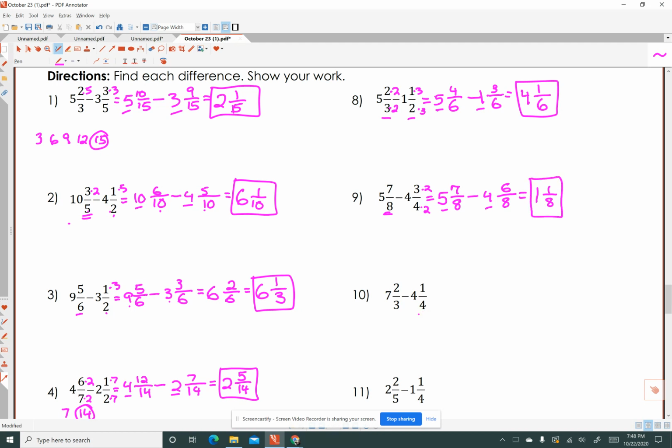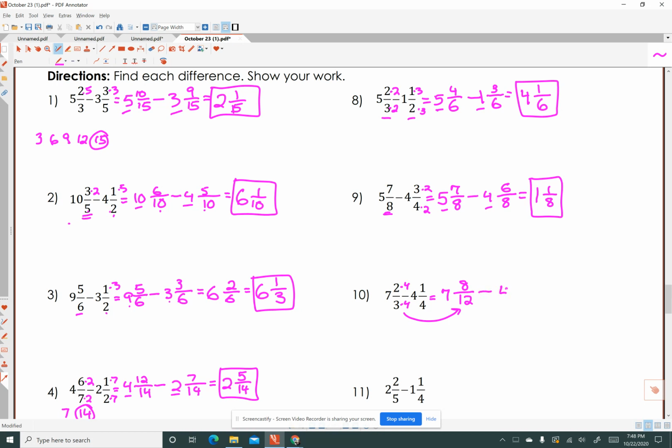Number 10. Just like before, if we're working with a 3 and a 4, that means we need a common denominator of 12 because that is the least common multiple of 3 and 4. So 3 times 4 gets me to that 12. 2 times 4 is 8. That gives me my new numerator.